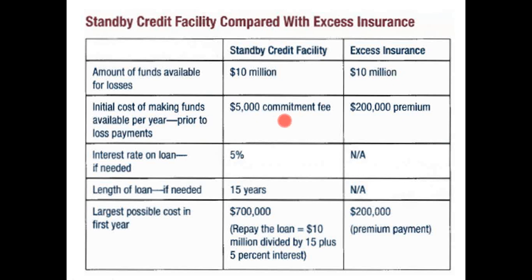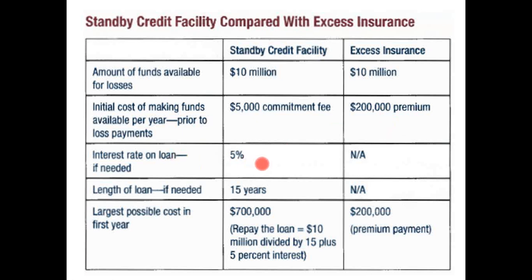Under standby credit, they would have to pay a $5,000 commitment fee prior to any loss payments, so to have this agreement each year, let's say it's $5,000. For excess insurance, I'm going to be paying $200,000 a year in premium.